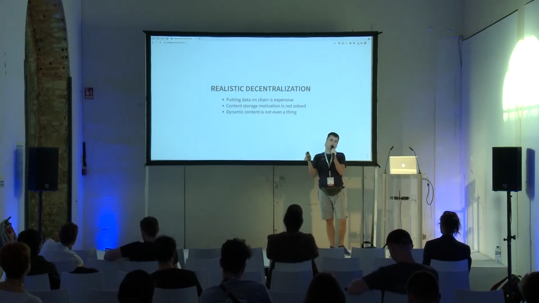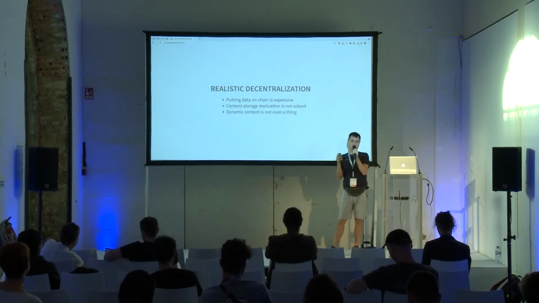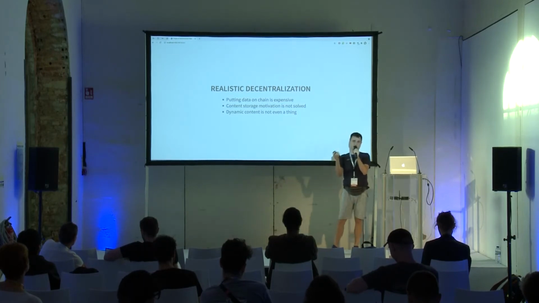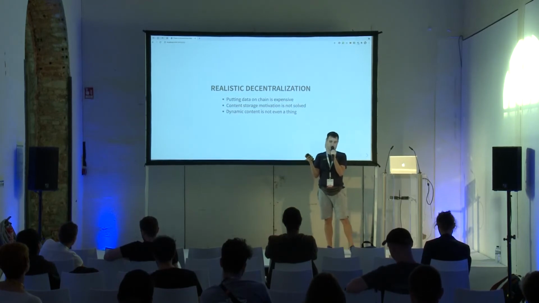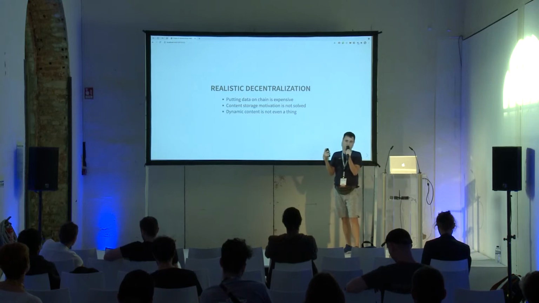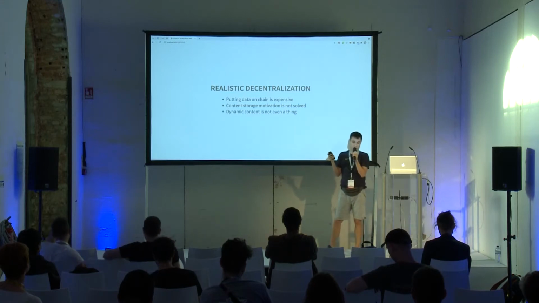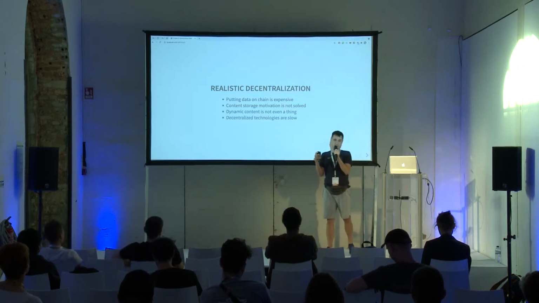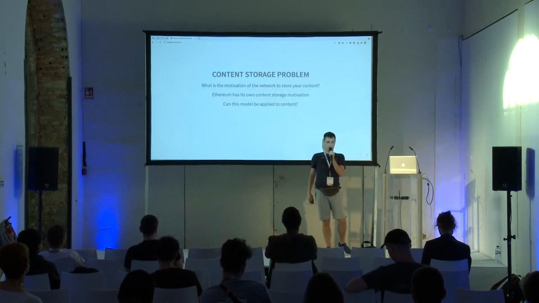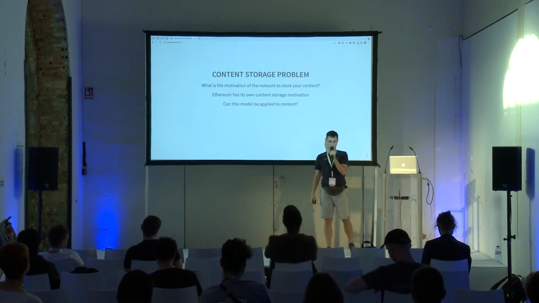If you talk about decentralized websites, no one tells you that the content is static, so everyone sees the same content. But right now the internet is dynamic, so how would we deliver dynamic content to every single user in a decentralized way? And decentralized technologies are slow. There will be examples.